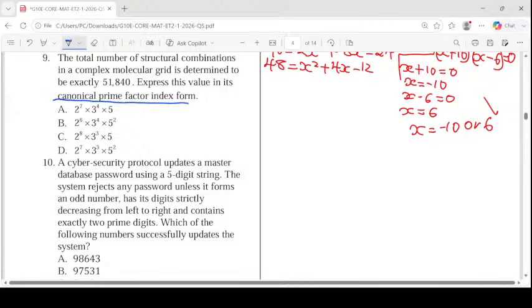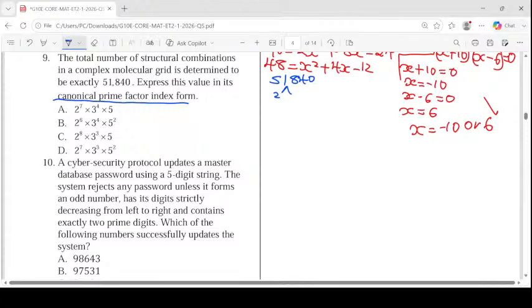When you are instructed to express your answer that way, it means we express the number as a product of the prime numbers raised to their respective powers. So when I have the number like this, 51,840, let us go to here. I want to get the prime factors first.